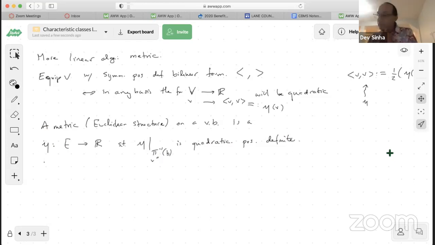So let's go back and I want to reflect a little bit before getting into this. Let's reflect on this basic linear algebra structure. So by way of comparison, let's just go back to linear algebra.